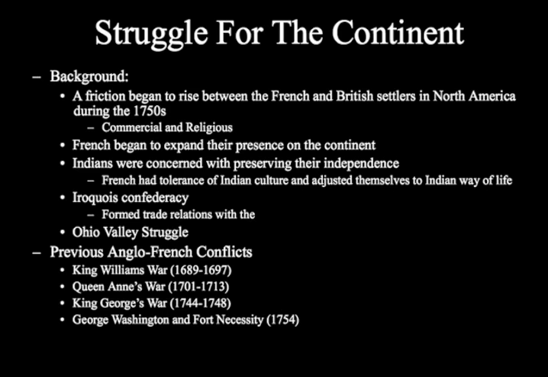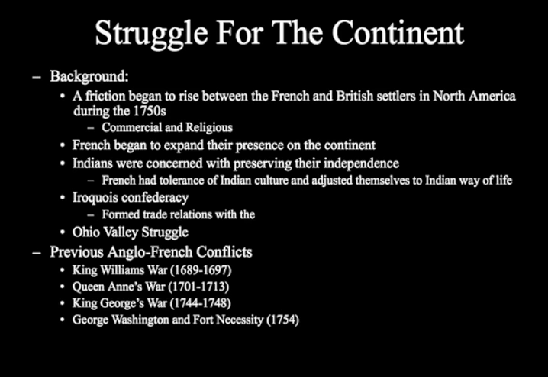An important Indian power at the time was the Iroquois Confederacy, created among Indian tribes such as the Mohawks, the Seneca, the Cayuga, Onondaga, and other Indian tribes. They were the most powerful tribes in these middle grounds, and they formed an important trade relationship with the English and the Dutch as well as the French.